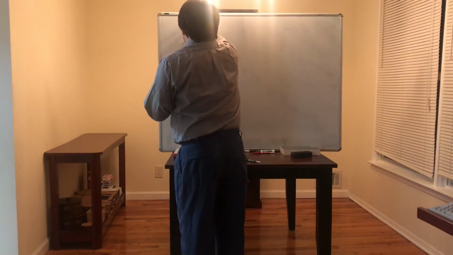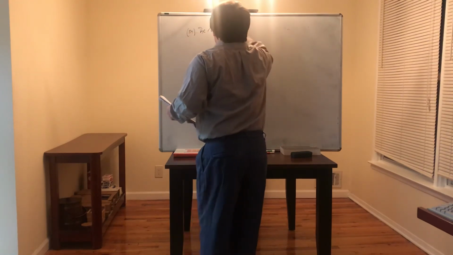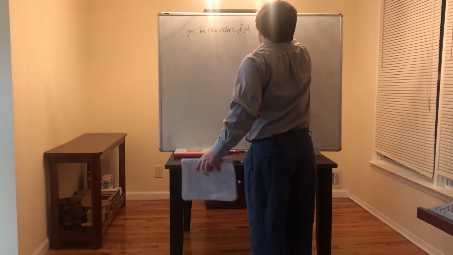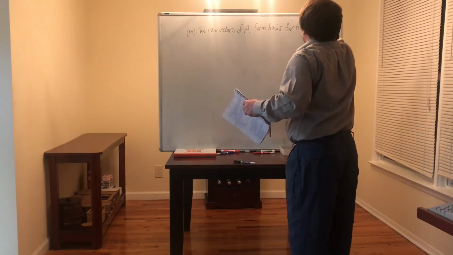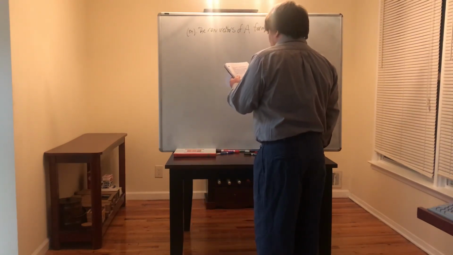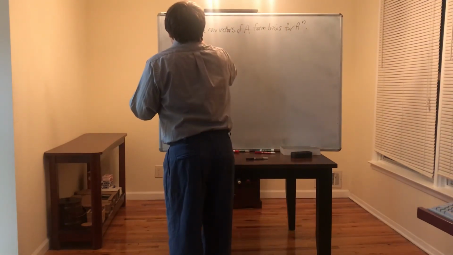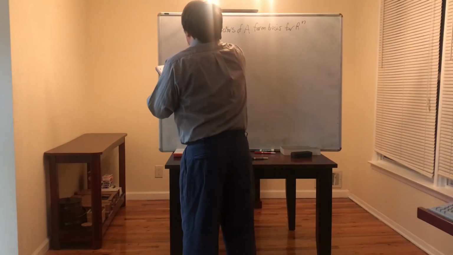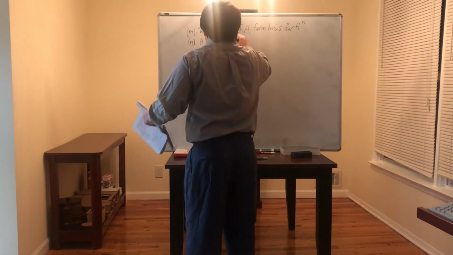So statement M, continuing the same theorem, is the row vectors of A form a basis for Rn. So the row vectors form a basis for Rn, sorry. And then N is A has rank n.